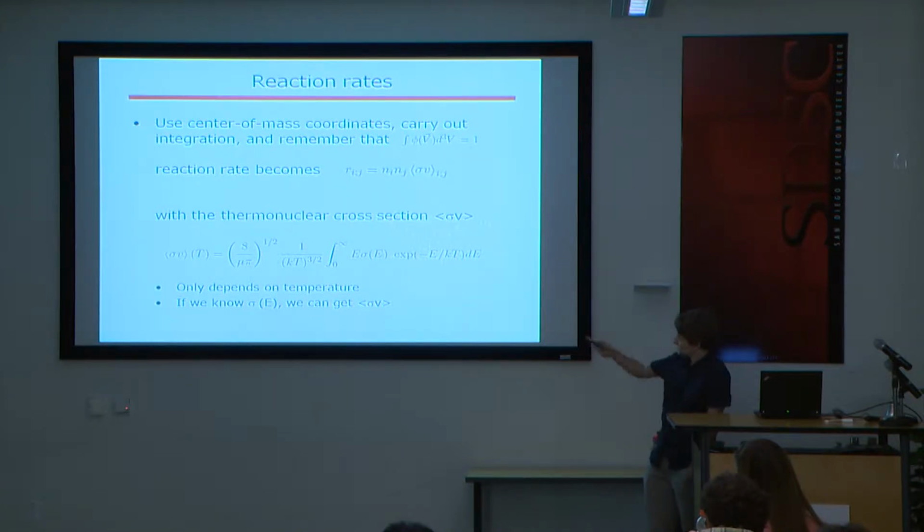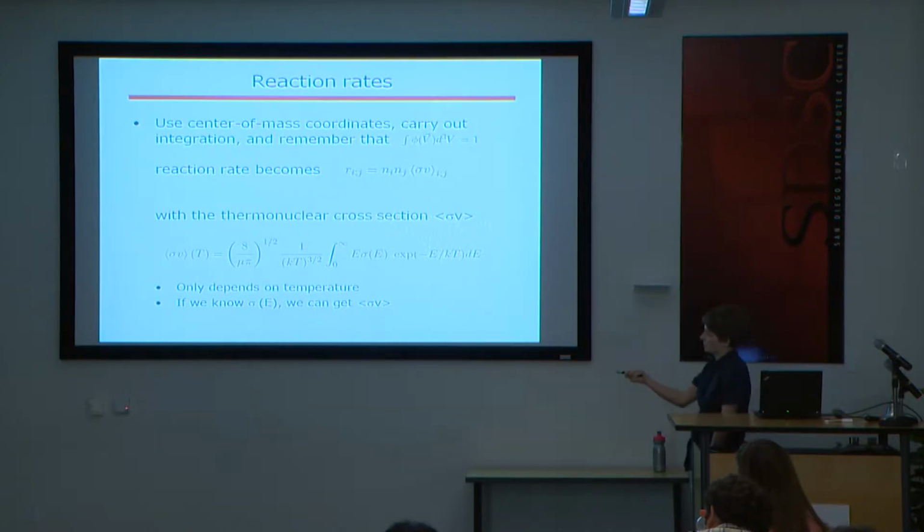If you take the two Maxwell-Boltzmann distributions and you do all these steps, you end up with an integral over the energy-dependent cross-section, an exponential term, and the energy, and then the constants are up front. This now only depends on the temperature because you're integrating over all energies.